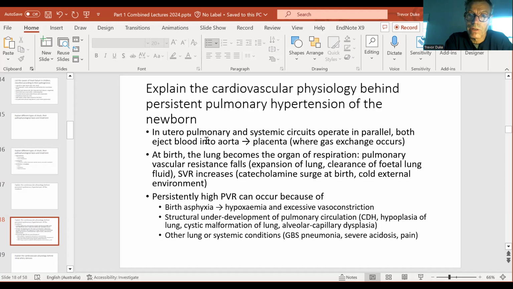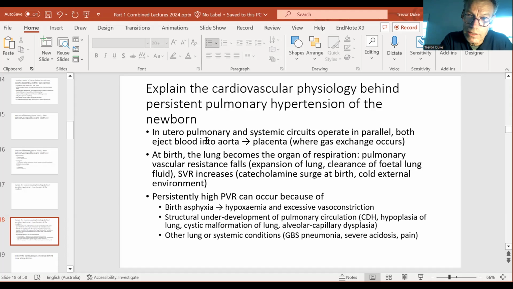So that's to understand what happens with persistent pulmonary hypertension of the newborn and the consequences of that. You need to understand the circulations that occur in utero and then in postnatal life. At birth, of course, the lungs become the organ of respiration, not the placenta.